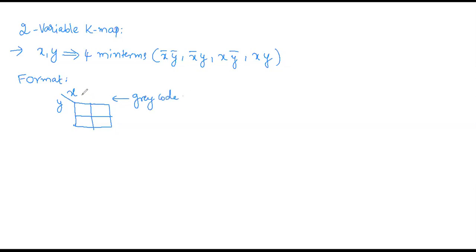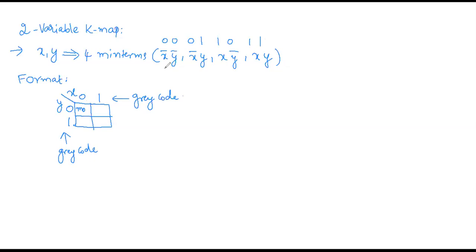In gray code, the sequence is 0 1 for x and 0 1 for y. So 0 0 is m0. With two variables we have four combinations: 0 0, 0 1, 1 0, 1 1.